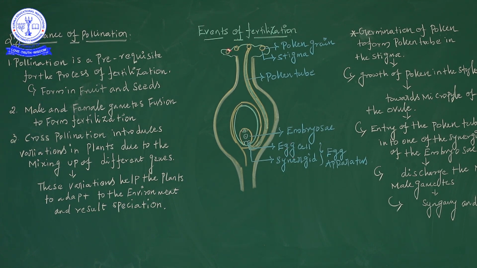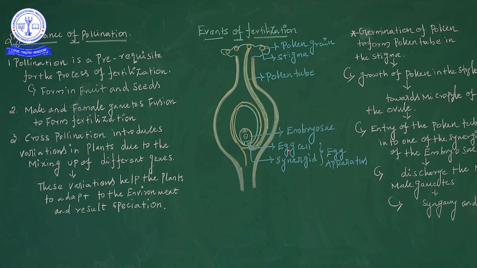The first of all, the germination of the pollen to form pollen tube in the stigma. The growth of the pollen tube. Okay, and then growth of the pollen tube in the style, and also towards the micropyle of the ovule.